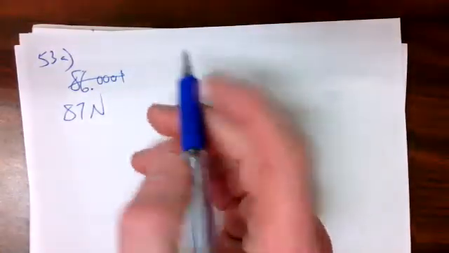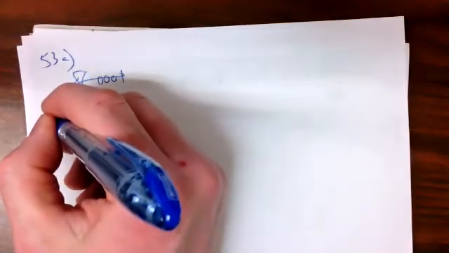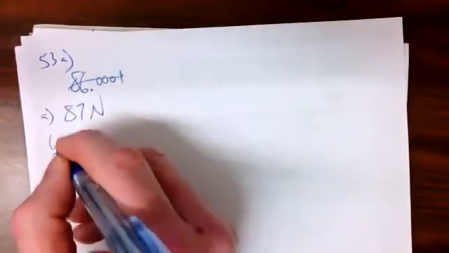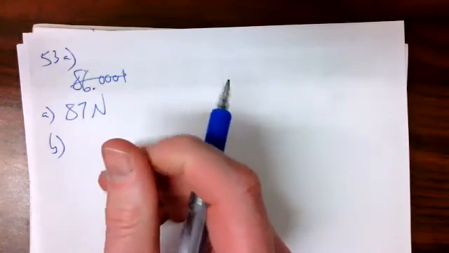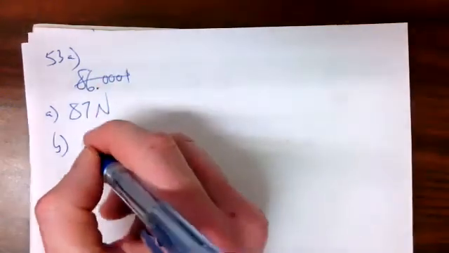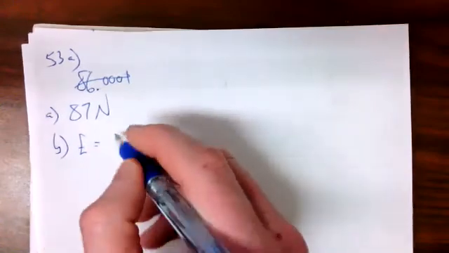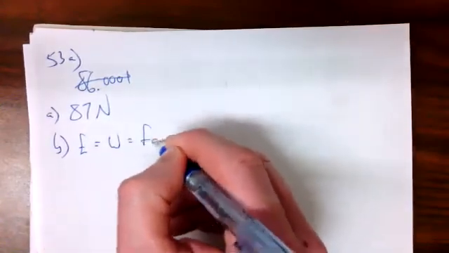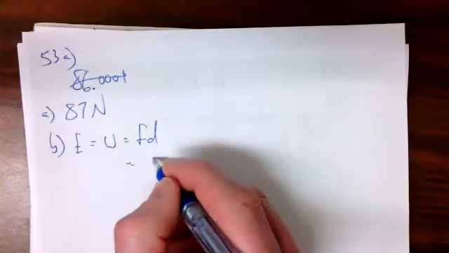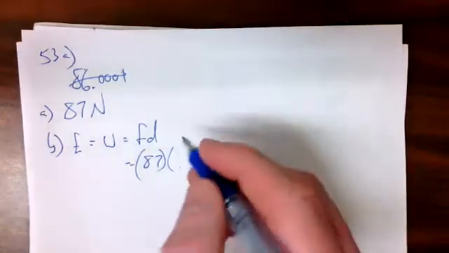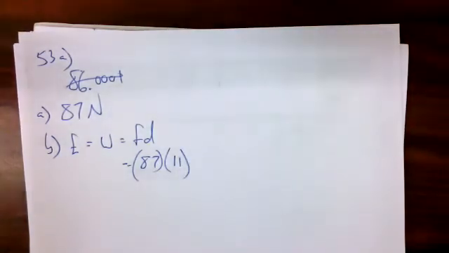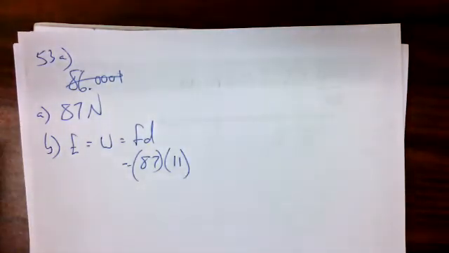Calculate the amount of energy. You want me to do all of it? A, B, and C? B says calculate the minimum amount of energy required for the man to push the lawnmower the required distance. Energy is work, which is force times displacement. His force is 87, and the displacement is 11. I saw some TikTok video about a trick for how to multiply with 11.